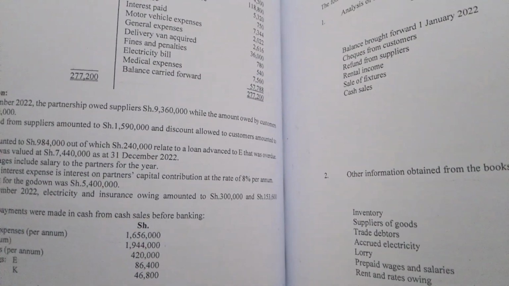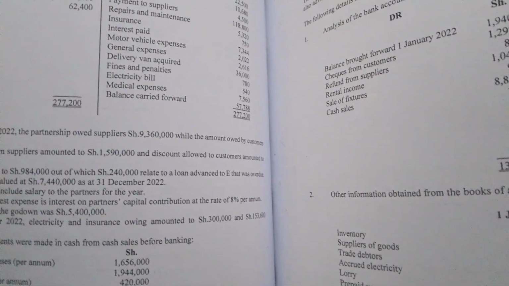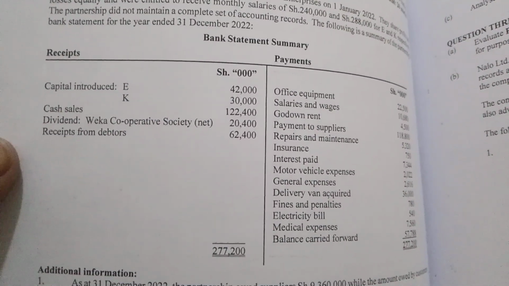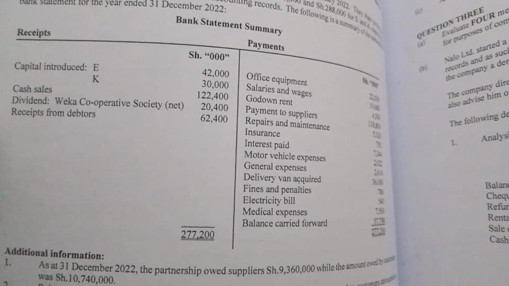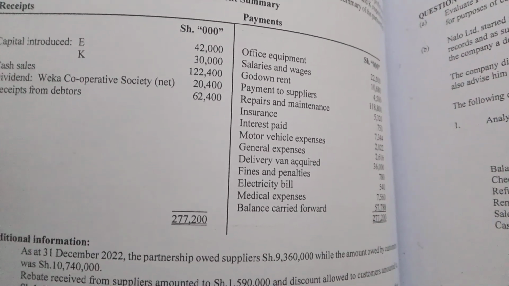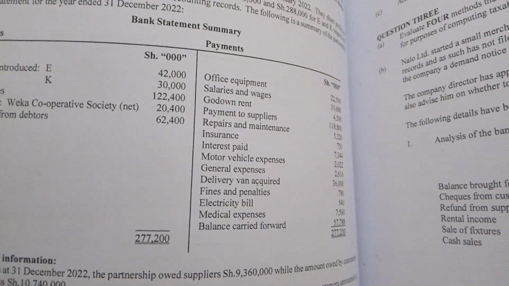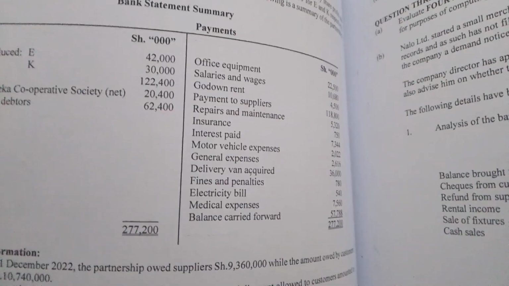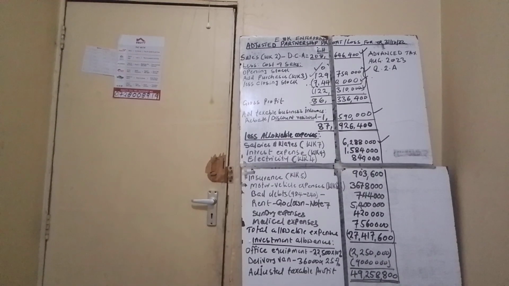So you need to separate that because it includes interest on capital for those partners at 8%. You can see the capital introduced by E for 12 million, and for K 30 million. So 42 million times 8%, you separate now so that you are left with only that interest which is allowable.